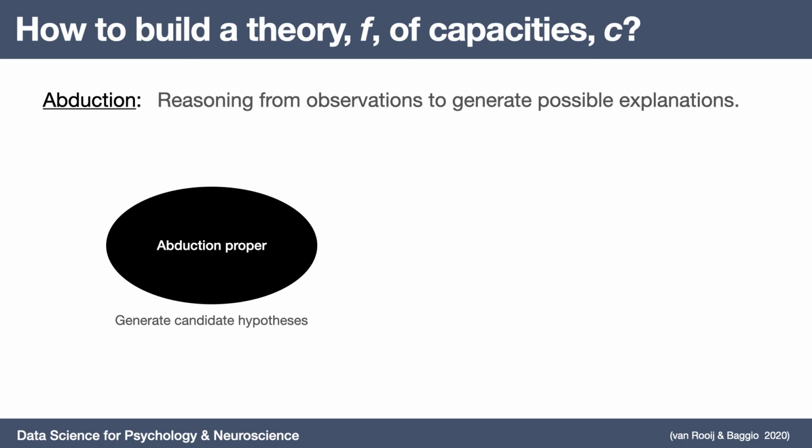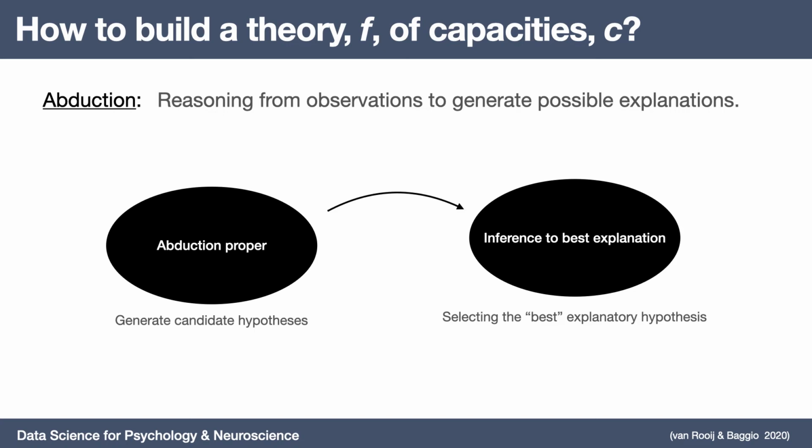Abduction itself has two sub-processes, redundantly named: abduction proper, which is simply the process of generating candidate hypotheses, which in turn involves the step of selecting the best explanatory hypothesis. So of this set of possible hypotheses, using inference to choose the best explanation.